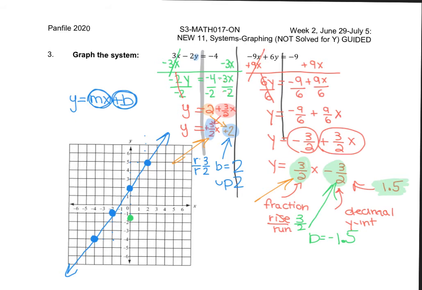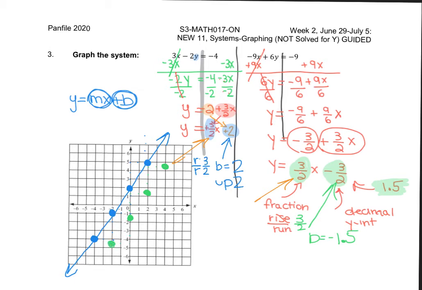I'm going to count my boxes, 3 up, and I'm going to run 2. So up 3, 1, 2, 3, run 2, 1, 2. And again, I'm still in between boxes because I started in between boxes, so I'm going to end in between boxes. And I can do it again. 1, 2, 3, 1, 2. And I could do that falling as well. 1, 2, 3, 1, 2.